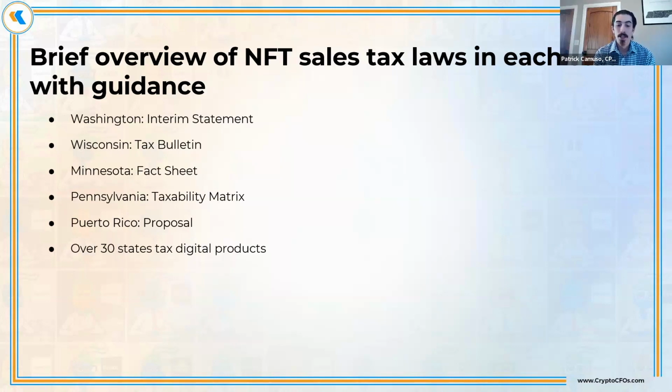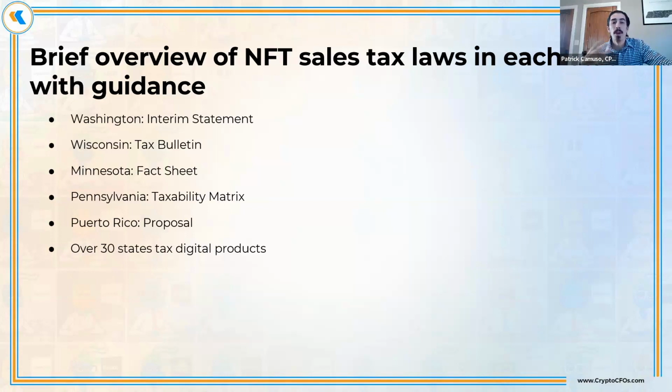And their interim statement includes legal definitions and specific examples, unlike we've seen in some other states, such as, let's say, Pennsylvania, who we have seen provide some regulatory clarity by adding NFTs to their taxability matrix, but they haven't given any examples yet of NFTs that are taxable or not taxable, or any legal definitions of NFTs. They've really just added NFTs to their taxability matrix. So there is a variability in terms of the guidance that we're getting from states.